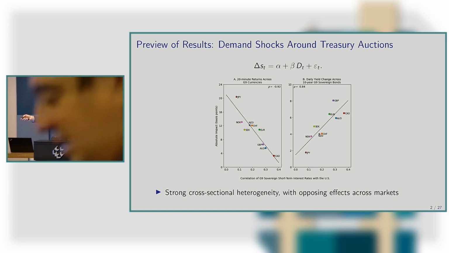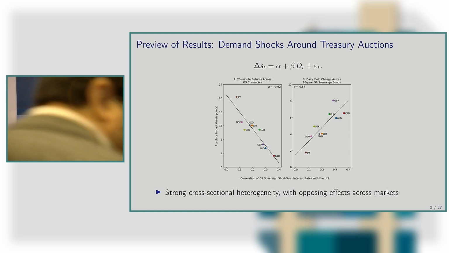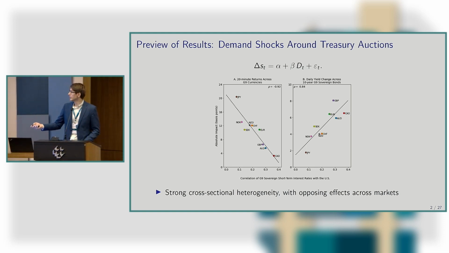Just to be clear, for a market like Canada that is highly integrated with the US and that moves very, very closely, a demand shock has almost no effect in FX, but it has a huge effect in bond markets. So the transmission goes straight through into fixed income markets.